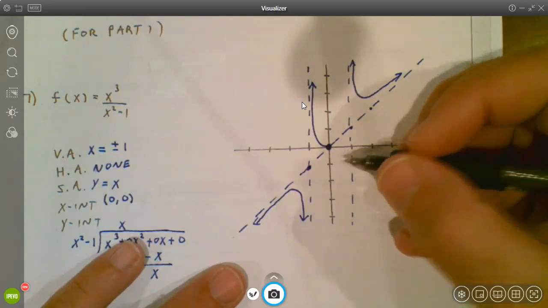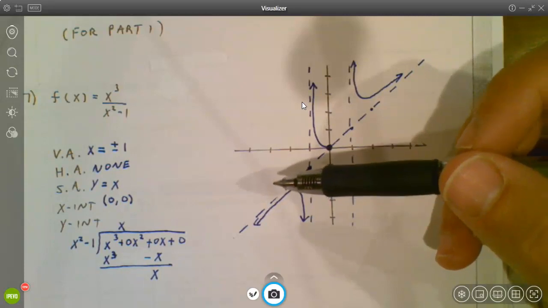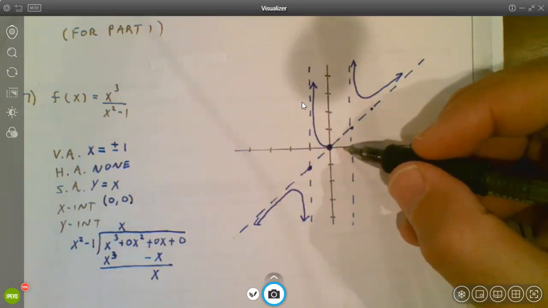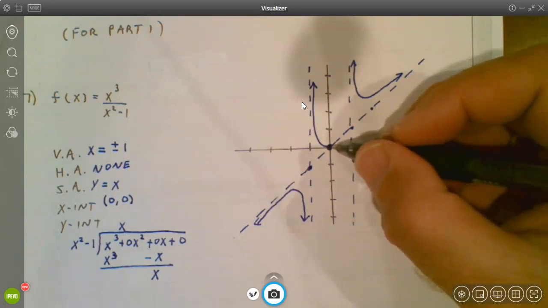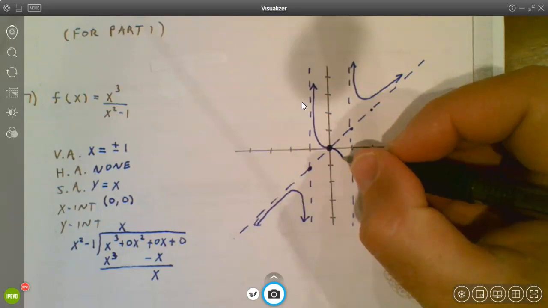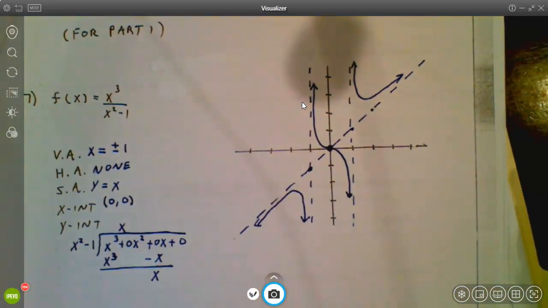The idea of limits is awesome, and we'll spend more time on that later, but for purposes like this, I would just test a value. If I plug in, say, 0.5, I'm going to get a negative number, which tells me I'm not going up this way. It's got to be heading down that way. Okay, and so that's how we're going to get the graph.